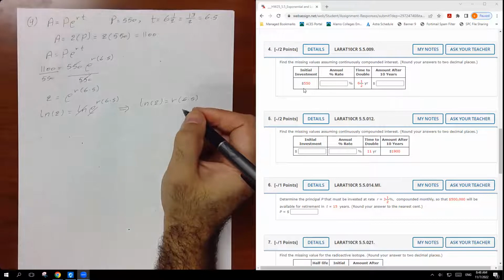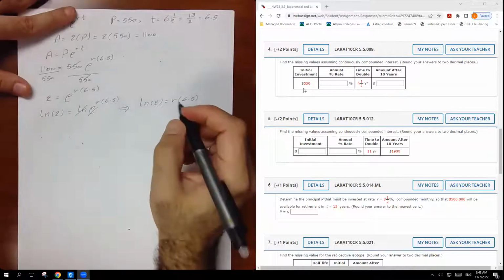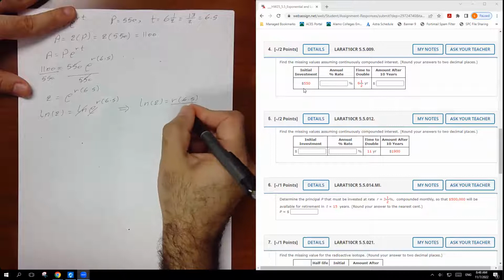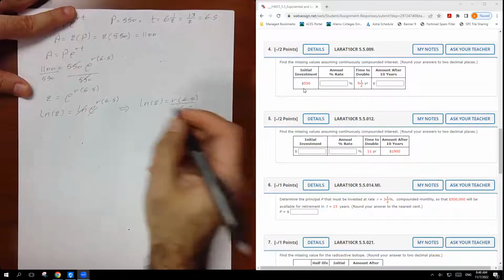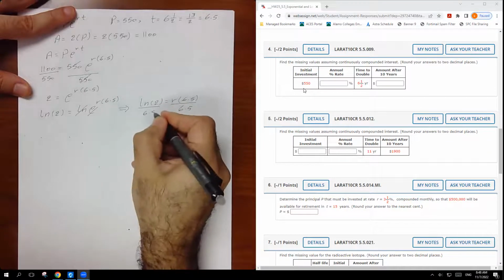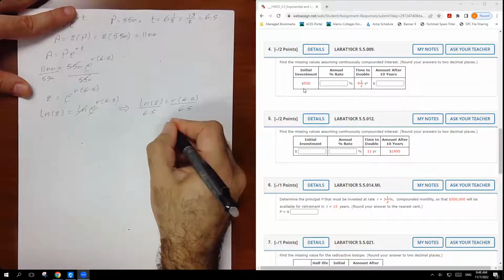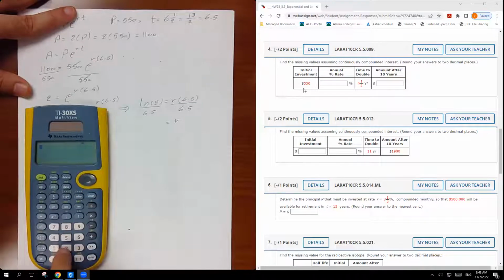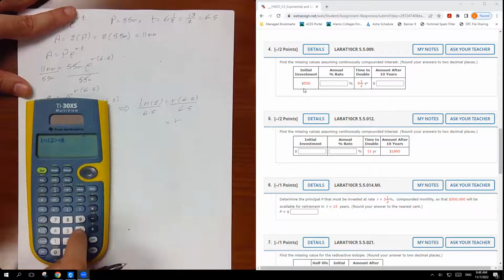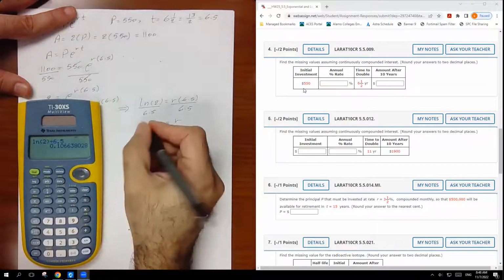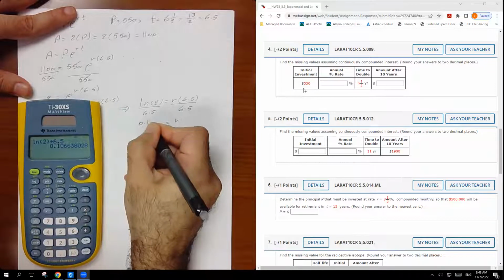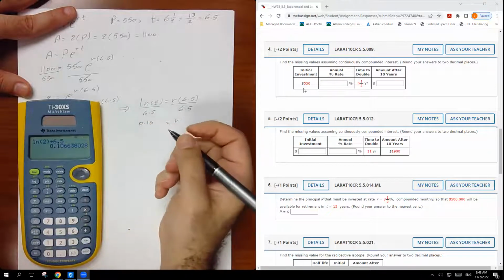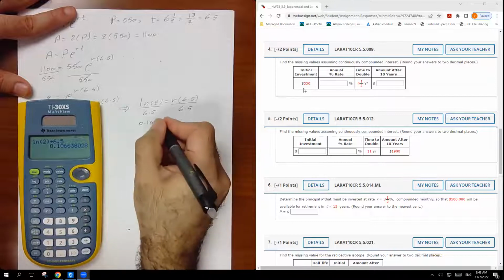Now the last step, we need to find how much r is going to be. So we're going to divide by 6.5. That means our rate is going to be equal to ln 2 divided by 6.5. It's going to be 0.1066.